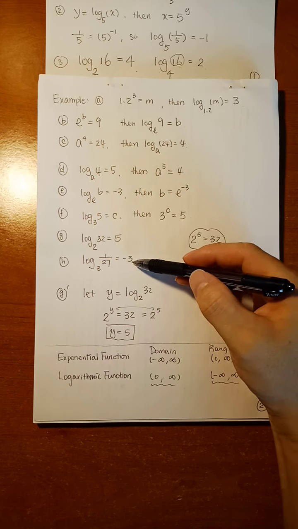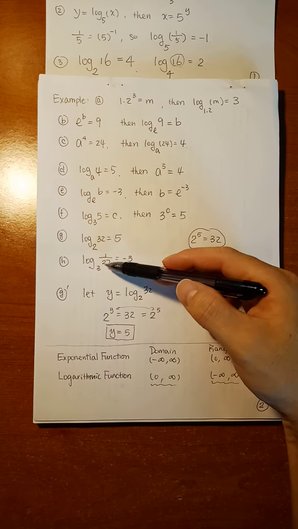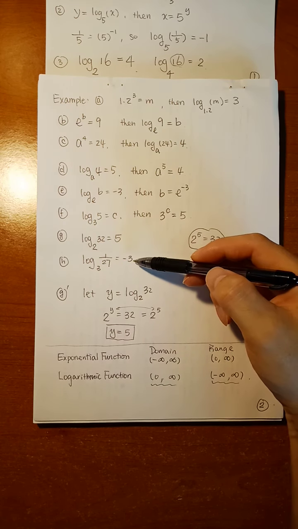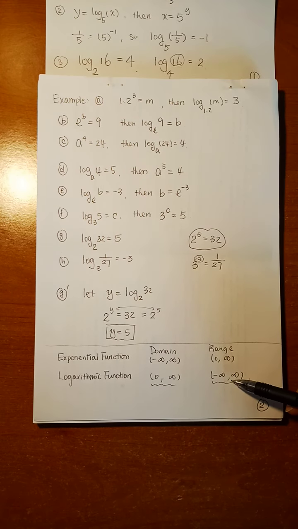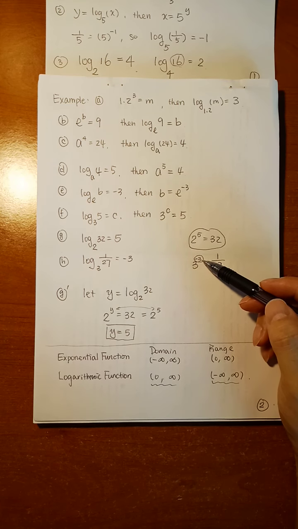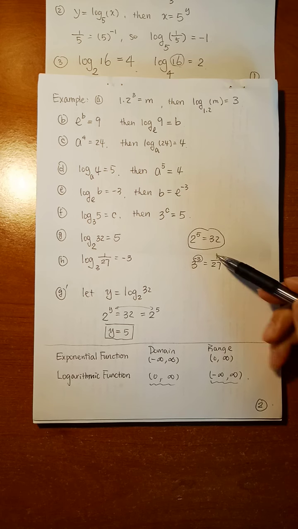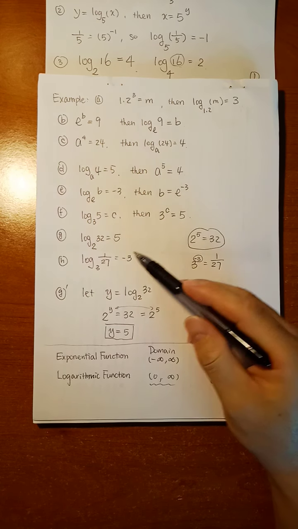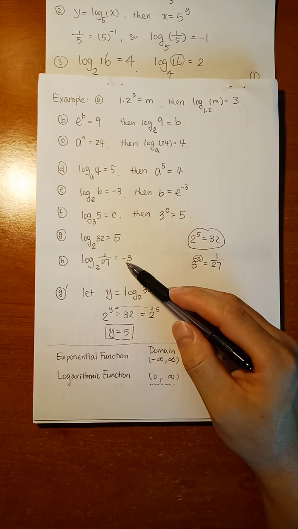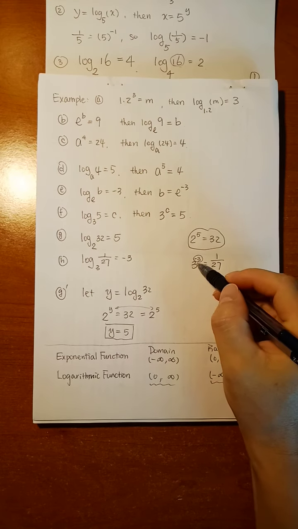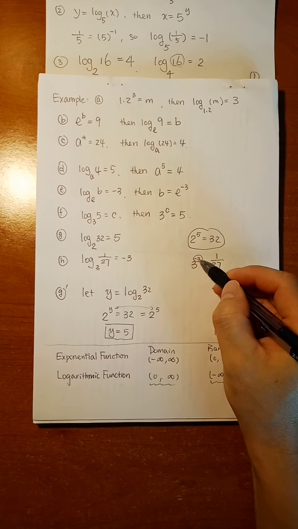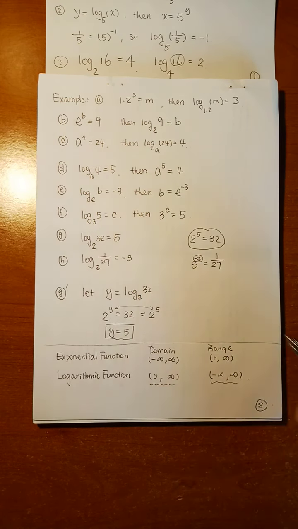Because you see here, if you have the base 3, then 1 over 27 has a value negative 3. So the value could be negative. If you put a negatively large power, then in the logarithmic function, you will have negatively large values. For example, if you put 3 to negative 100, then this value will be negative 100.